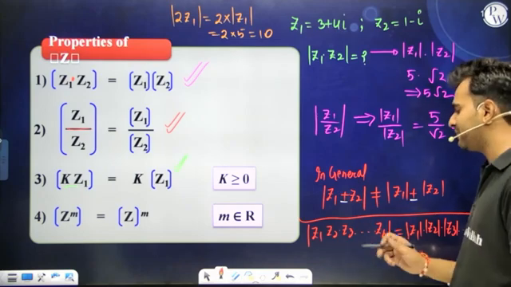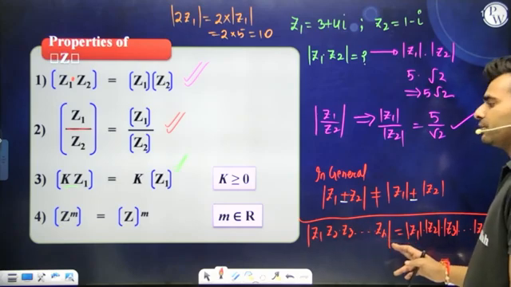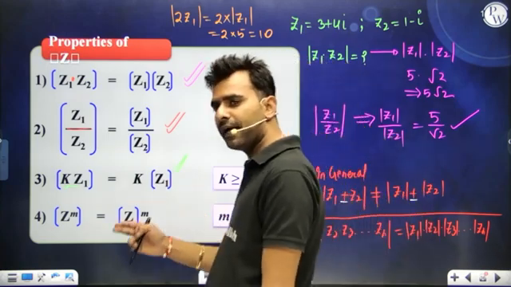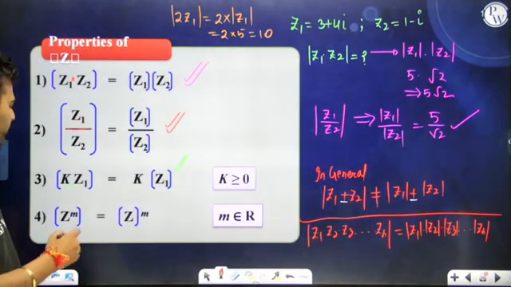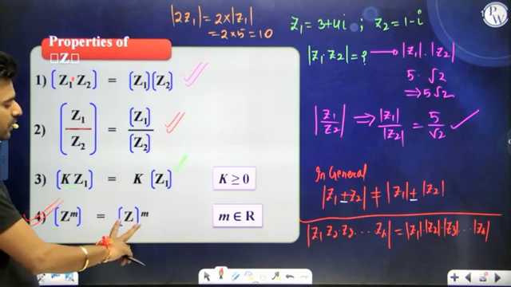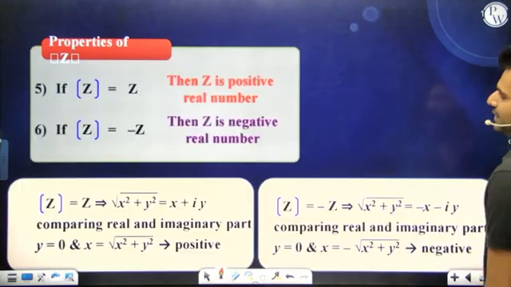Now assume that Z1, Z2, Z3 are all the same, Z only. So Z into Z into Z, m times, will be equal to what? Mod Z into mod Z into mod Z, m times. So that will be equal to mod Z to the power m, or not? So if I tell you to write down this particular thing, you can find it like this in an easy manner, right? I hope this identity is clear to all of you.